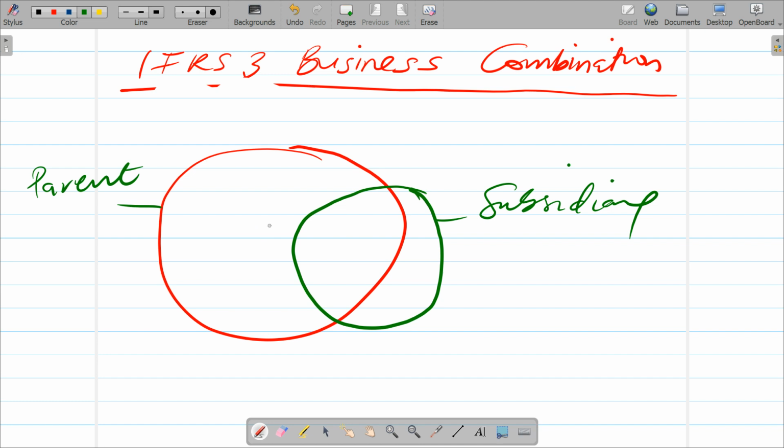Business combination occurs when a company takes over a portion or full control of another company. That's basically what business combination is, and we need to know how to account for this transaction. IFRS 3 talks about the accounting treatment of business combination.